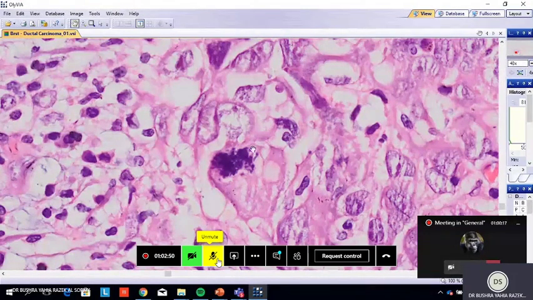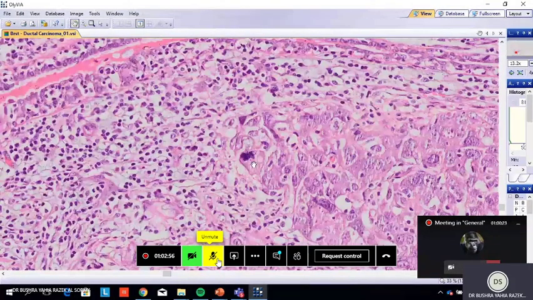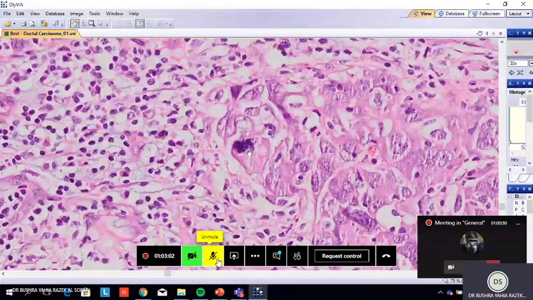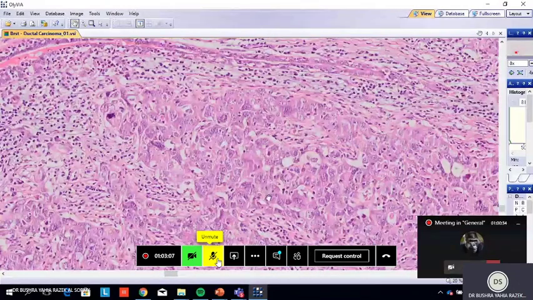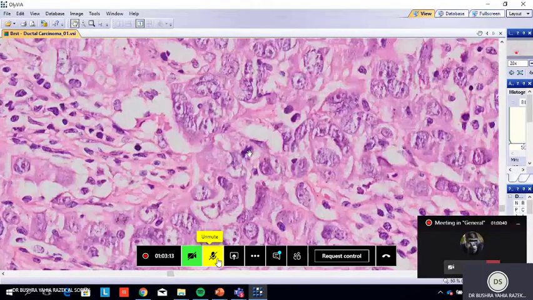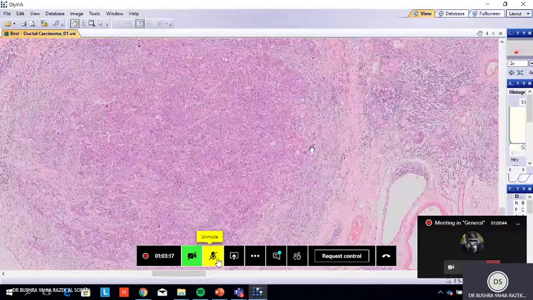We can still recognize it at 10, isn't it? Yeah, but it is clearer at 40. Okay, here also another mitosis, see? Unipolar. Any question?